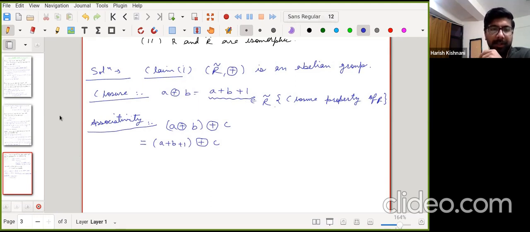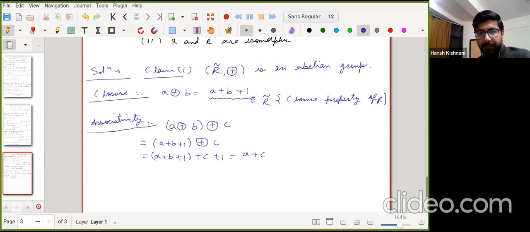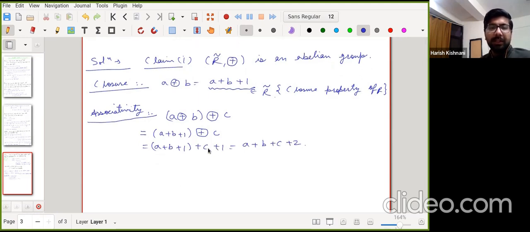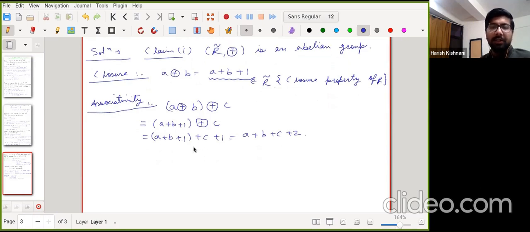So it will become a plus b plus 1, then c, then 1. So it's going to be a plus b plus c plus 2, because the given operation is abelian, so you can just move terms around. This is one side of the associativity.